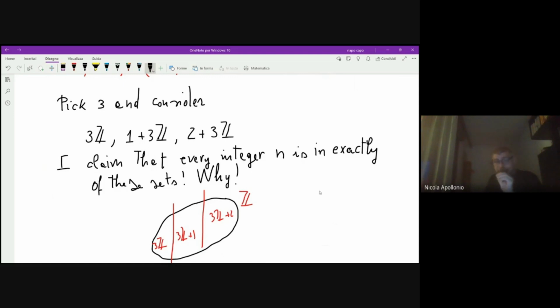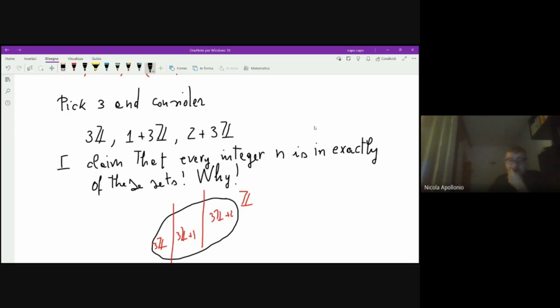It means that whatever integer n you pick, this integer is in at least one, in exactly one of these three sets. So this is clear. If n is a multiple of 3, it is clear that it belongs to the first. First of all, these three sets are disjoint. They have no common elements.